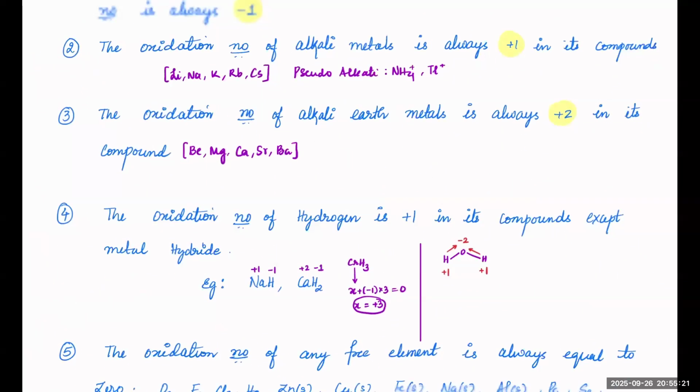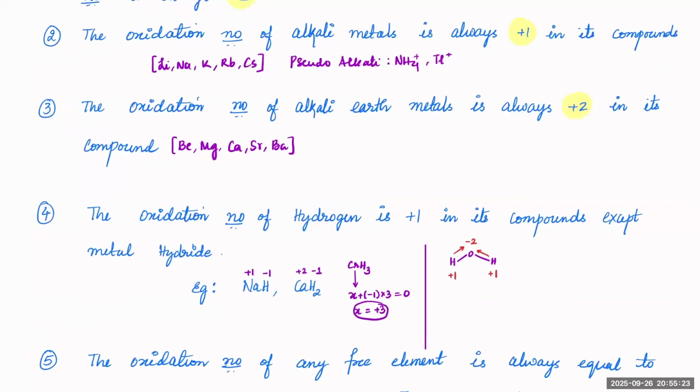Everyone, have you written? You slowly need to start memorizing water, first group elements, second group elements, and their oxidation states. And hydrogen will have -1 and +1 in compounds.